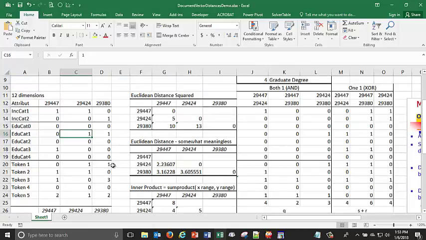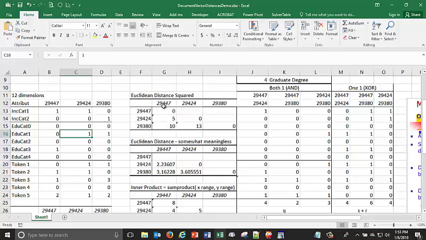And so now we can use Euclidean distance by just taking the difference in the same variable, squaring it, adding them all up, and taking the square root.